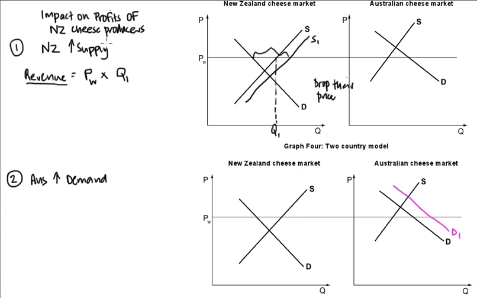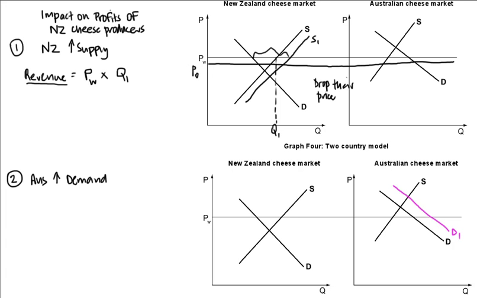So obviously, when New Zealand cheese producers drop their prices, that's going to impact the world price, and ultimately where the price dropping will stop will be where the market is back into a form of equilibrium below the current world price. So that's going to be P0.